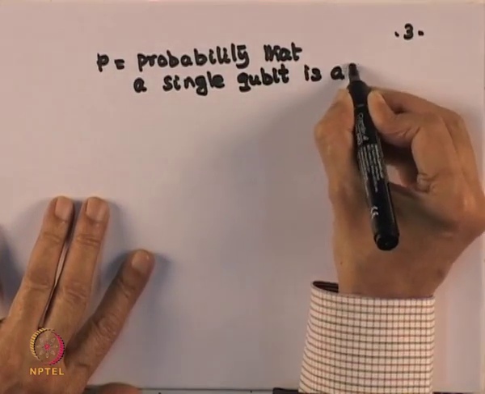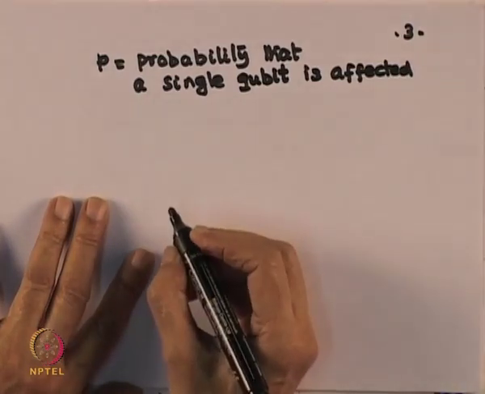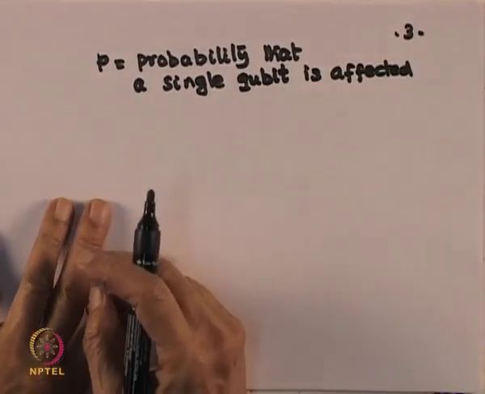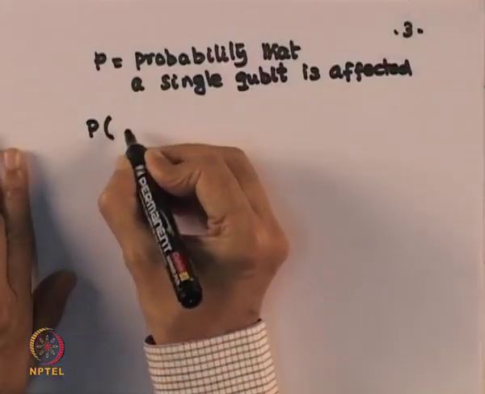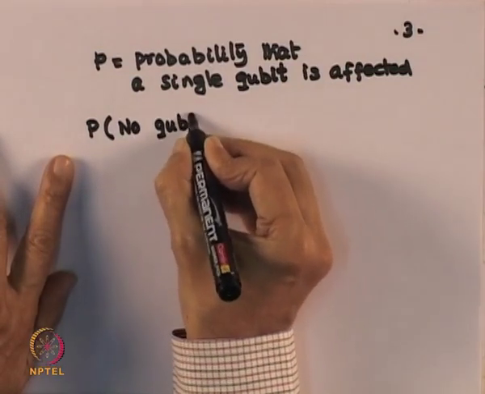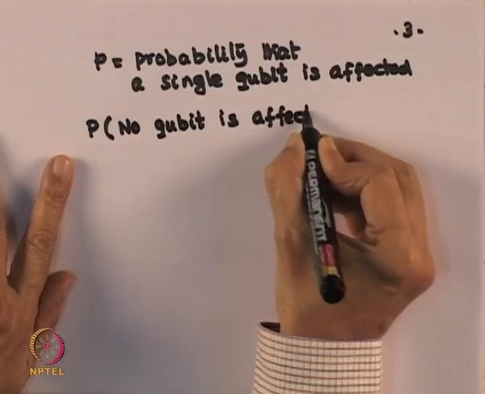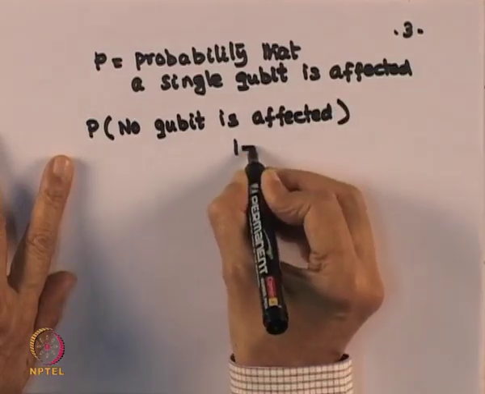Now, when I say affected, it means it could be either a bit flip or a phase flip or a mixture of the two, bit flip along with the phase flip. So then the probability that no qubit is affected is clearly 1 minus p to the power 9.